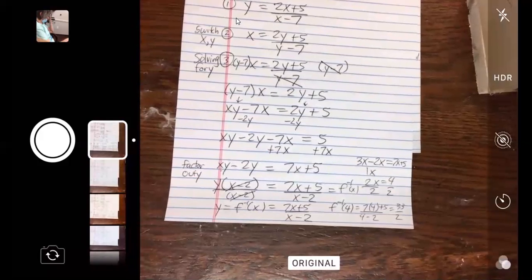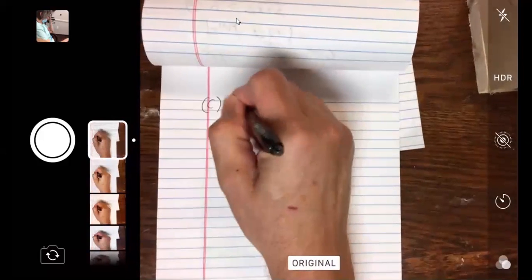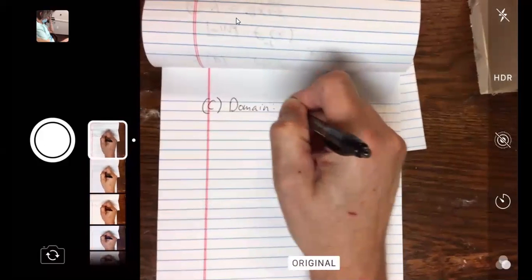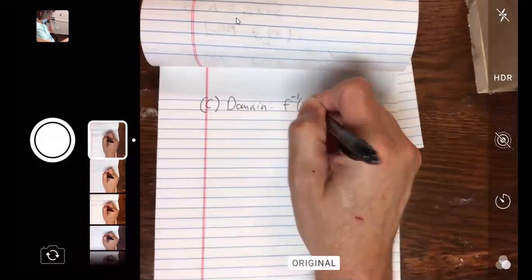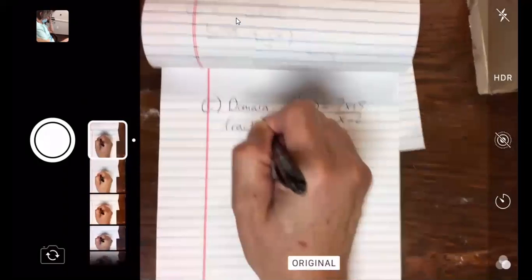And for C, because I was getting a little confused with the fractions for the interval notation, wouldn't that just be x is equal to 2? Okay, x equals 2 in the sense that, let me rewrite the formula. 7x plus 5 over x minus 2, and you want the domain. You have your fraction problem here.